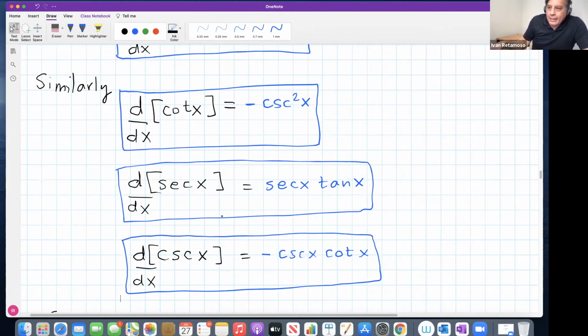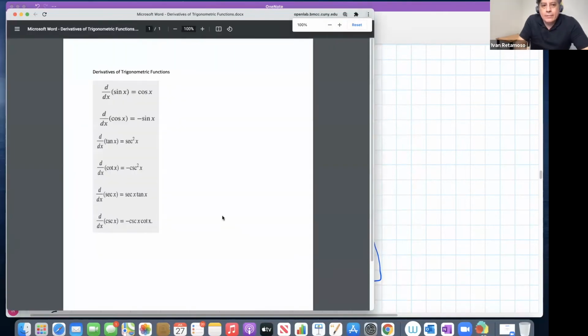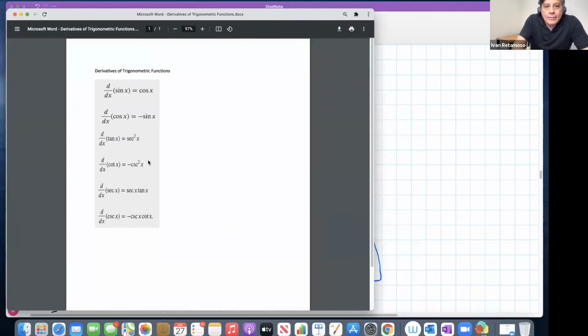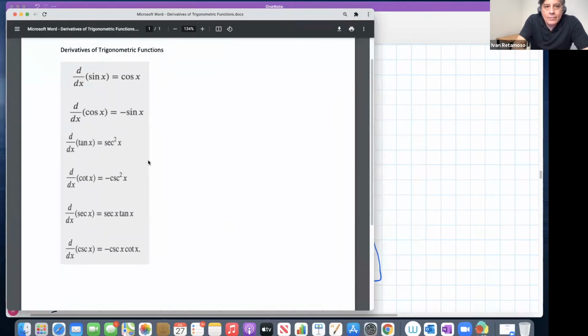But in case you want to double check and confirm your results, here is a sheet with all the results. I'm going to give you the link right now. This is on our website, also in Blackboard. If you go to course materials and go to the tab, I think it's useful sheets.